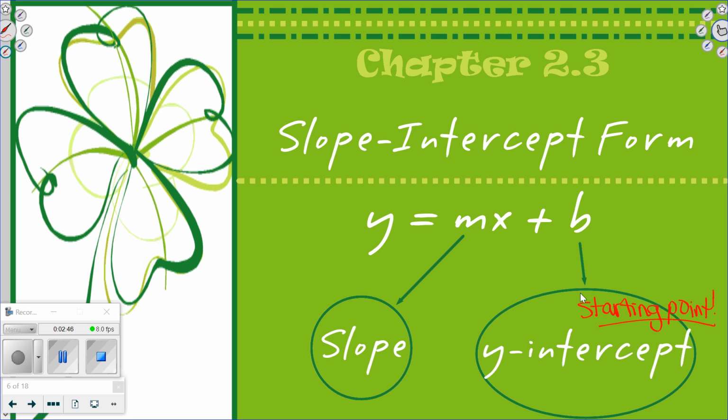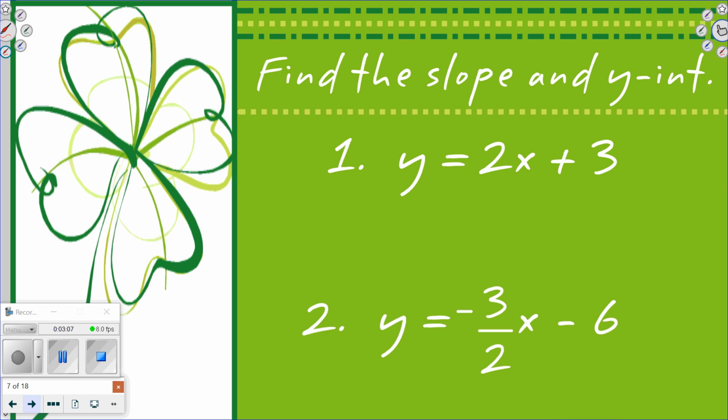This is my favorite way to graph because it is by far the fastest and the easiest. That y-intercept is your starting point. We are no longer always going to start from 0 like everyone likes to do. You will find that y-intercept, plot it, and then from there, that's where you'll do your rise over run.